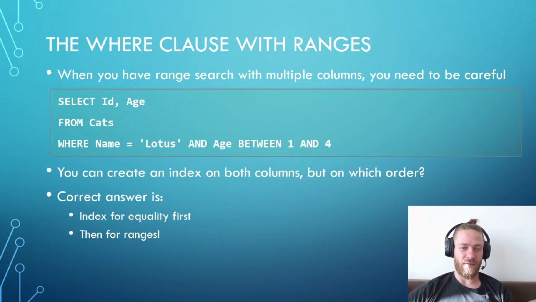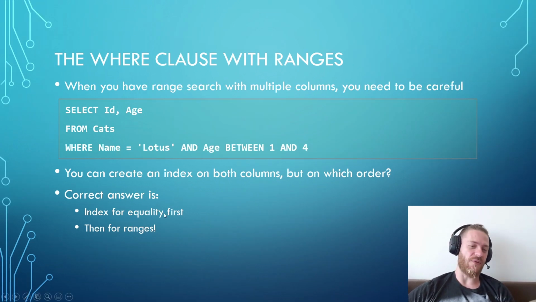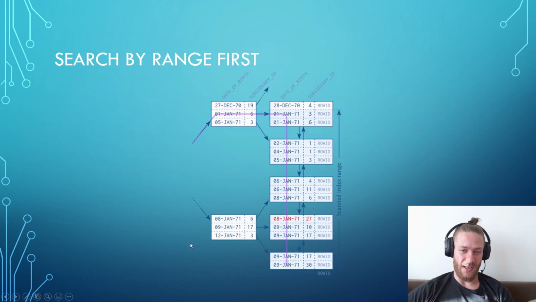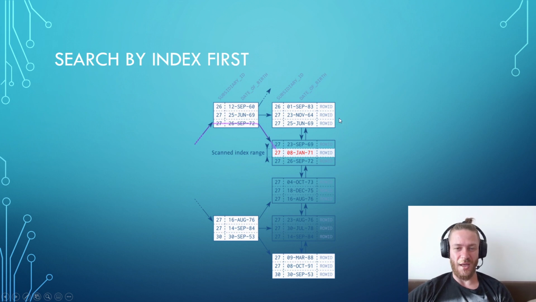When you have such a query with equality and a range, and you are not happy with the performance, create an index and put the first column on the equality and the second column on the range. That will save you a lot of index searches, like the example here. The same example with switched indexes.